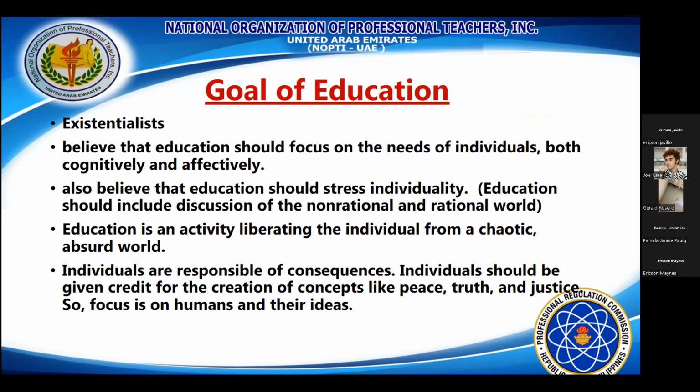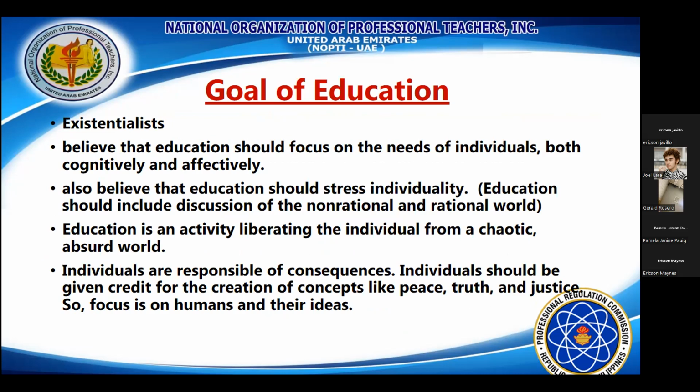Existentialists believe that education should focus on the needs of individuals, both cognitively and affectively. So, in all three, ganun din. Yung ibang philosophies. Needs of the individual. Should stress individuality. Pareho din sila ni realism about individuality.